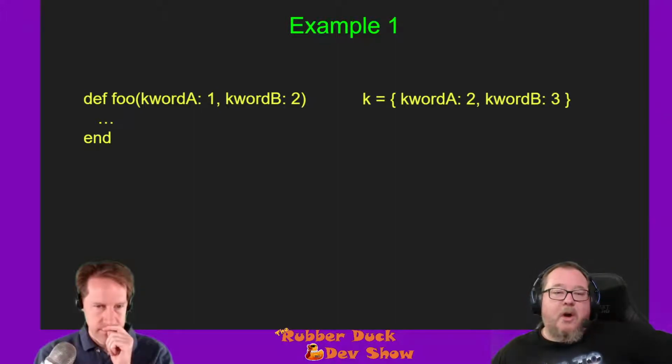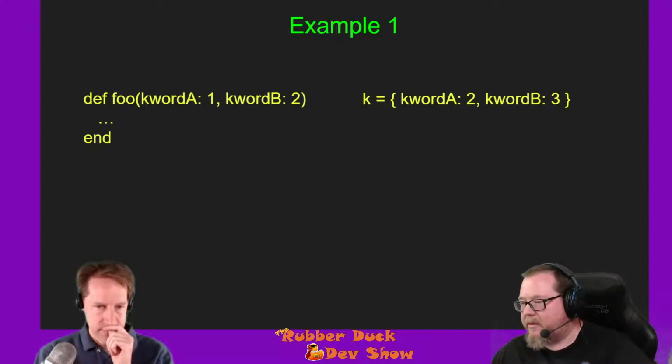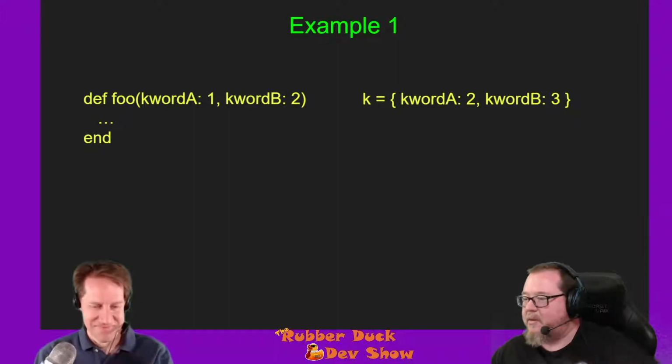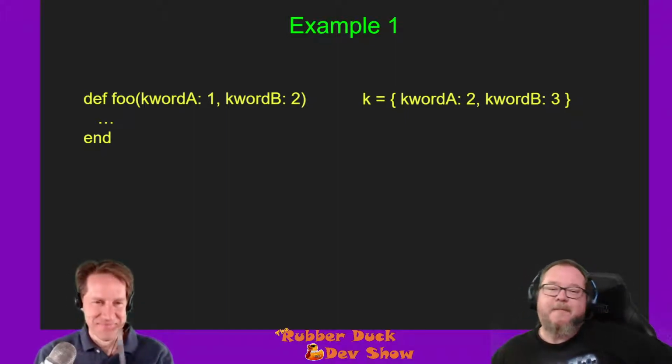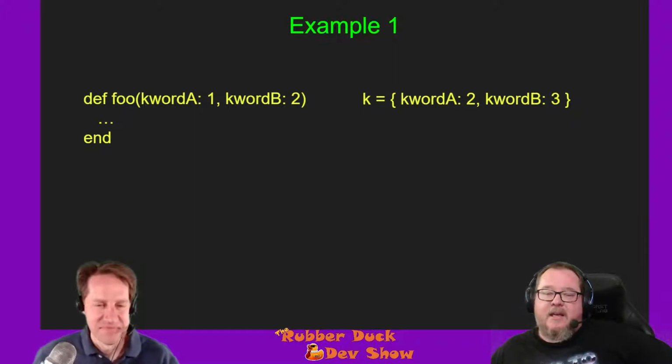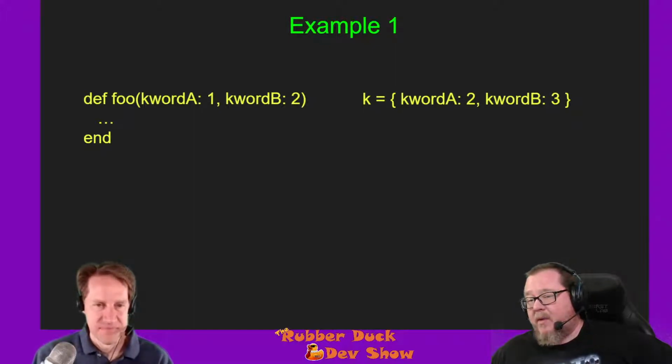So when we go to call this function, let's say that I define k, which is never use single letter variables, but I'm abbreviating for space here. k is the hash, keyword a with a value and keyword b with a value, okay?